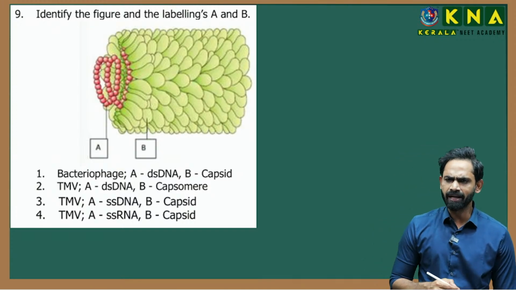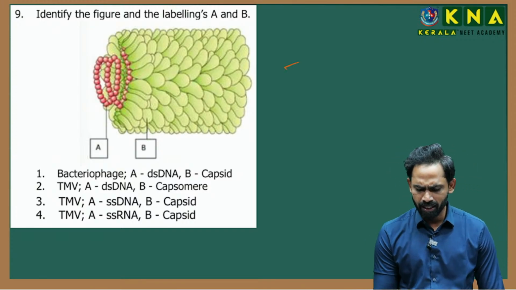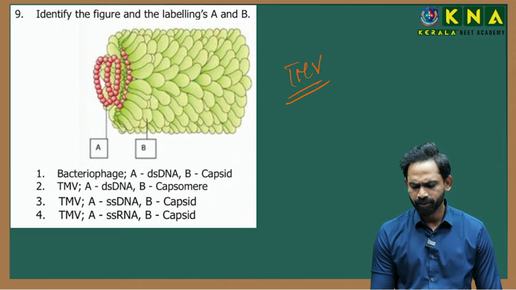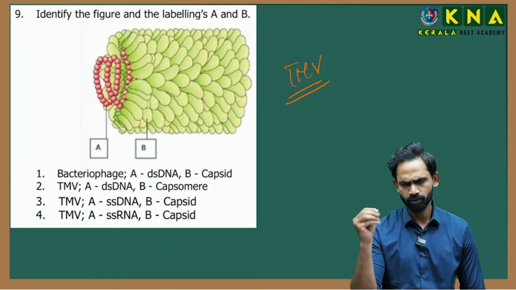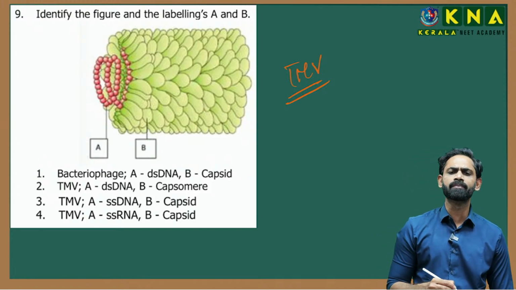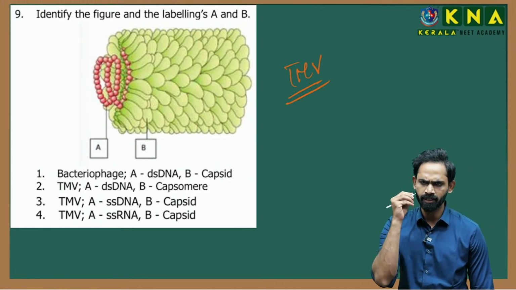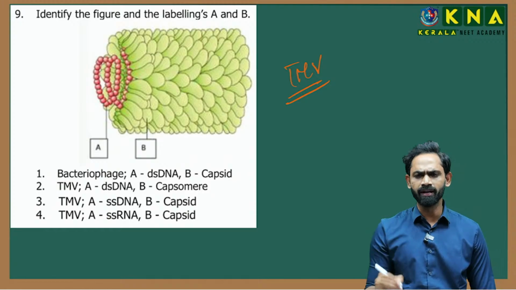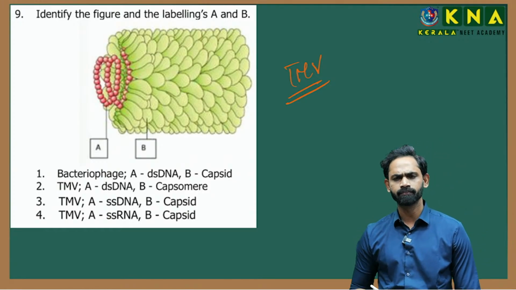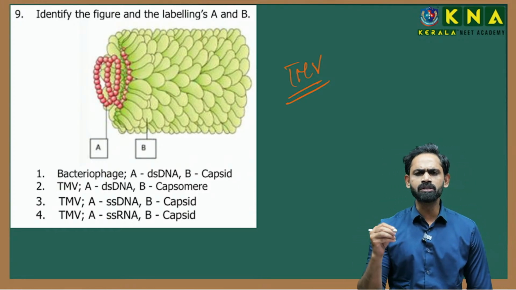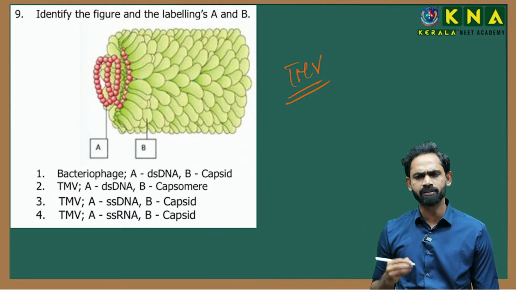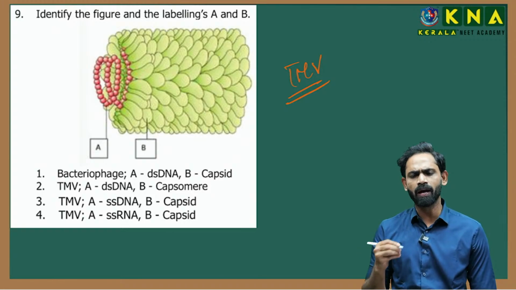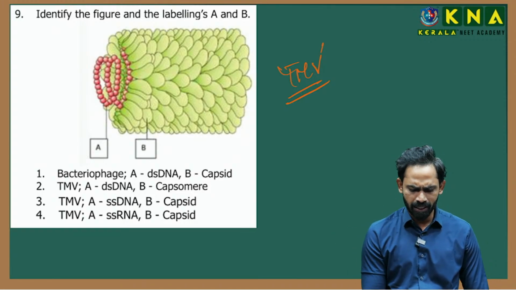This is a diagrammatic question related to TMV, the tobacco mosaic virus. The best studied virus, the first discovered virus, TMV. Almost all our introductory virology knowledge, if you start studying the virology textbook, is about TMV only.